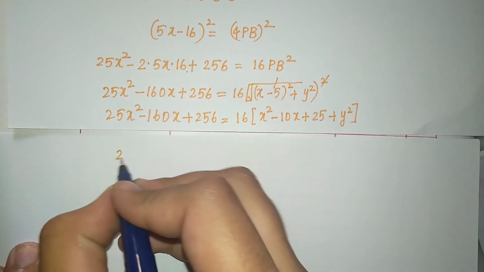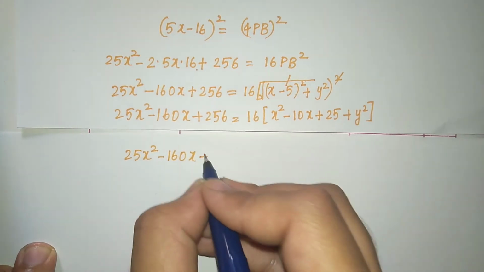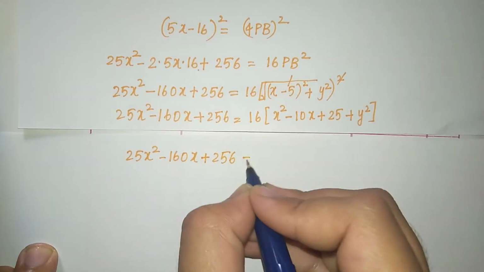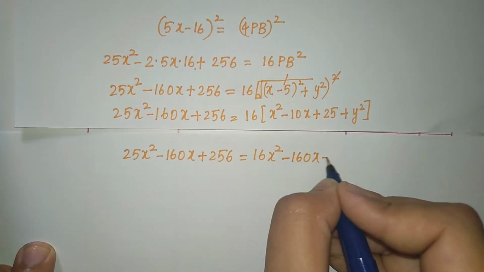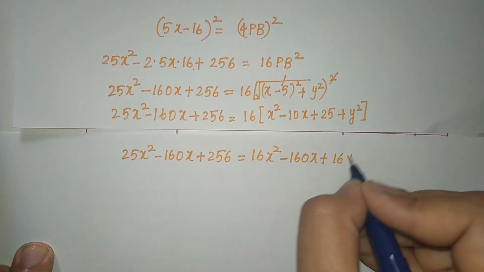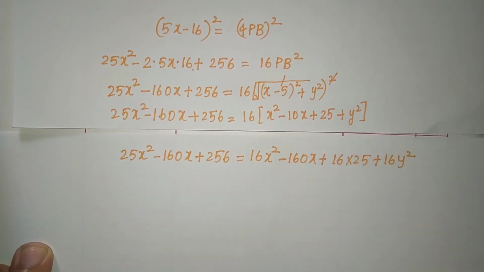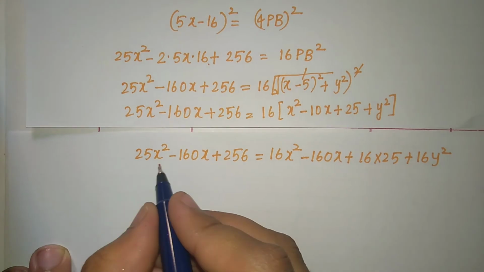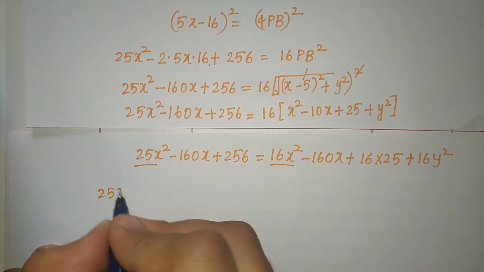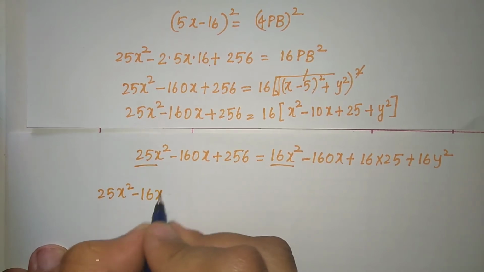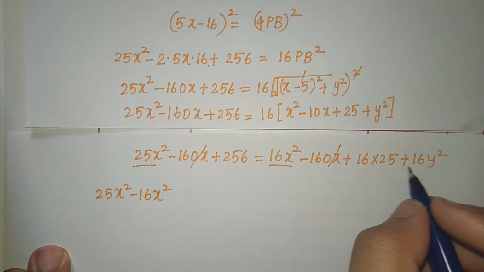So 25x square minus 160x plus 256 is equal to 16x square minus 160x plus 16 into 25 plus 16y square. So 25x square, this will come to this side, so 25x square minus 16x square, minus 160x will get cancelled.